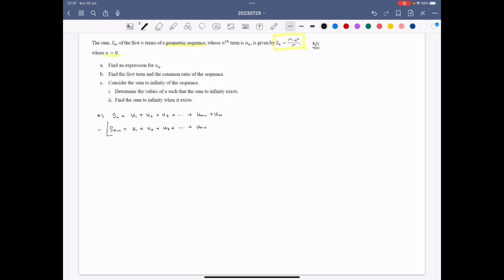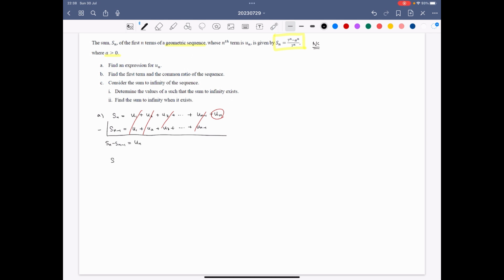So if you subtract that from the first line, then you are left with this on the left, and the others all cancel out, and then you are left with only un on the right hand side. So that is how you find un in a generic term.